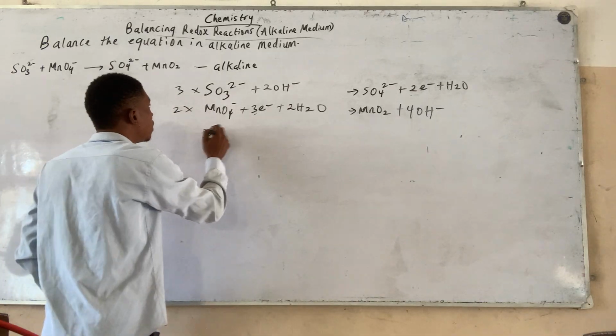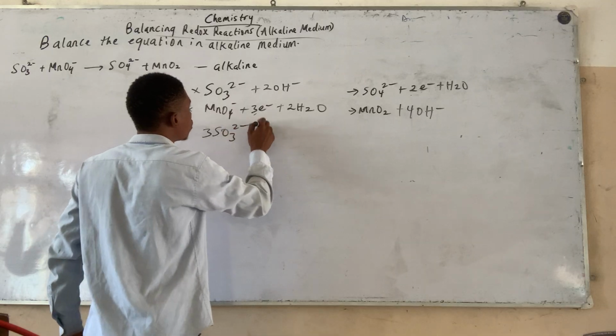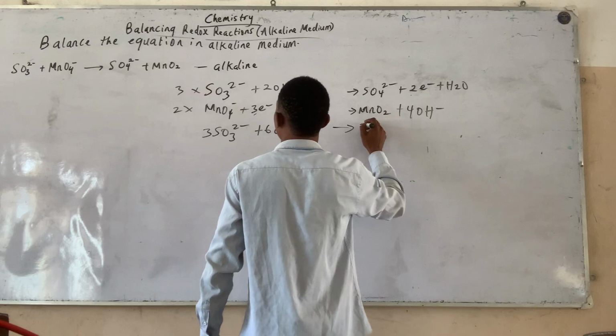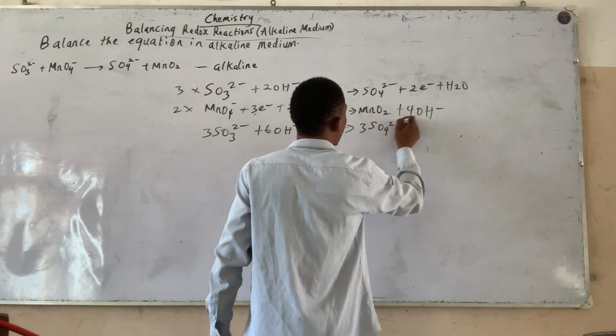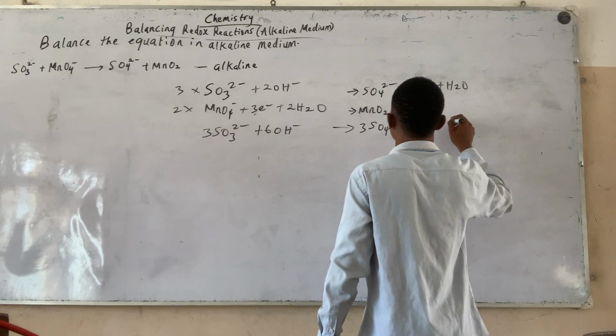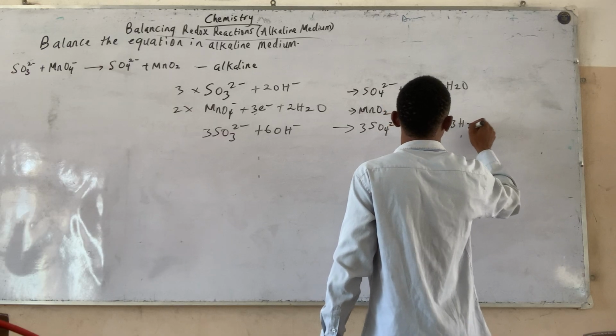So we are having 3SO3 2 minus plus 6OH minus, giving us 3SO4 2 minus plus 6E minus plus 3H2O.